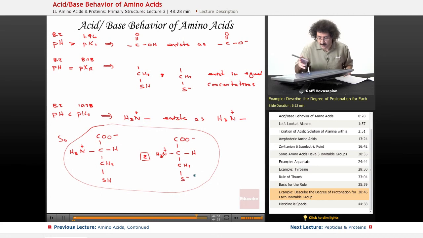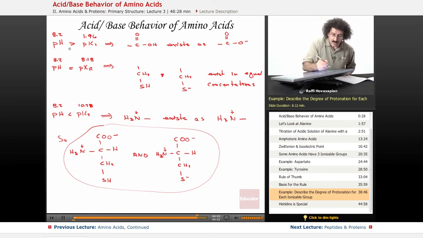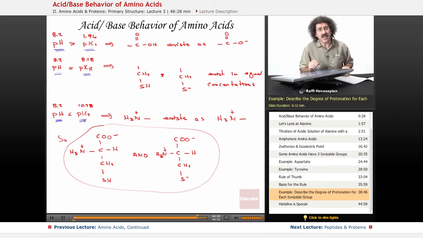That's what's going on here. Okay, I hope that made sense, and this is strictly based on the rule of thumb. And again, it's based on comparison of pH and pKa. Compare pH and pKa of each R group. That's all that's going on here.